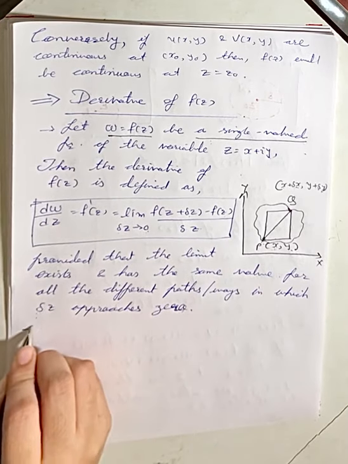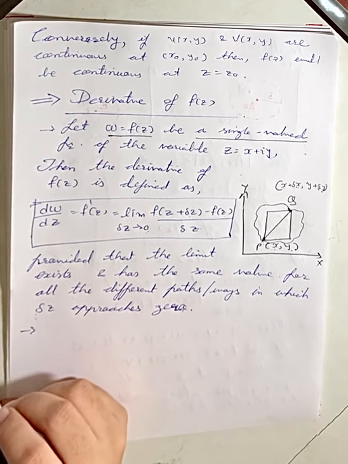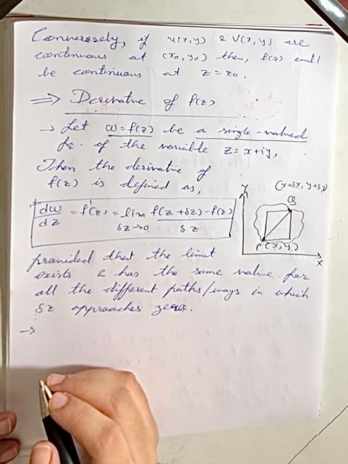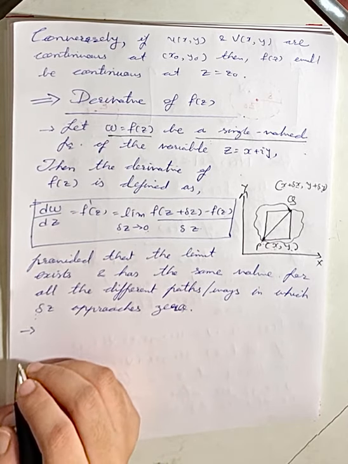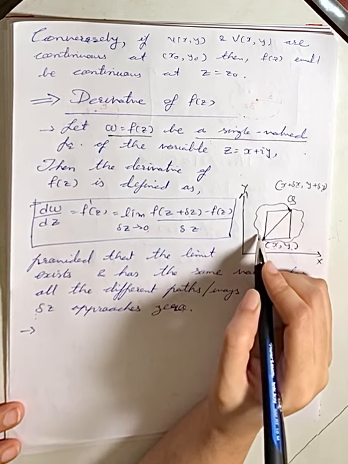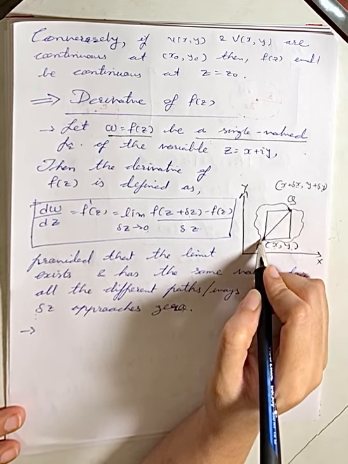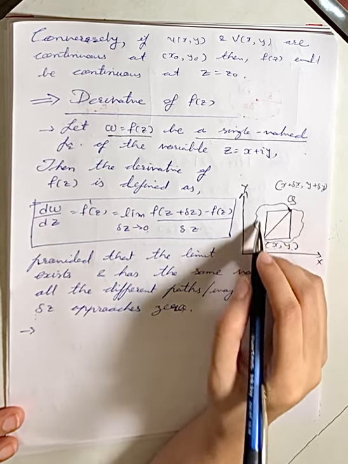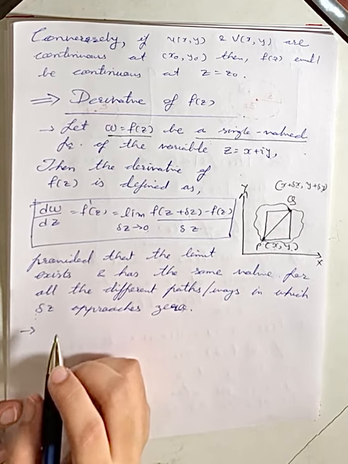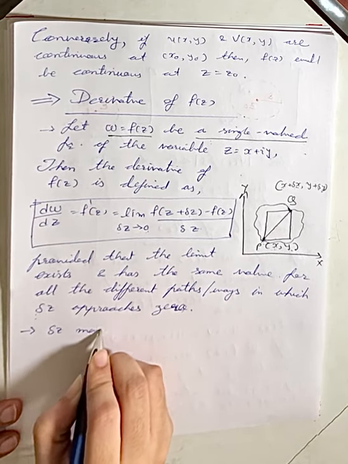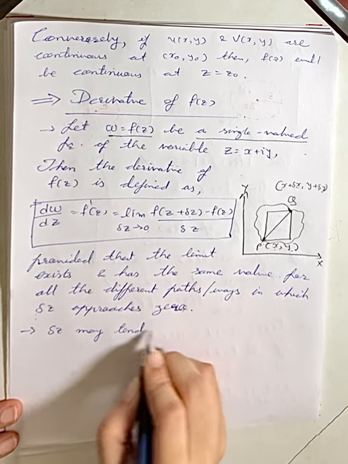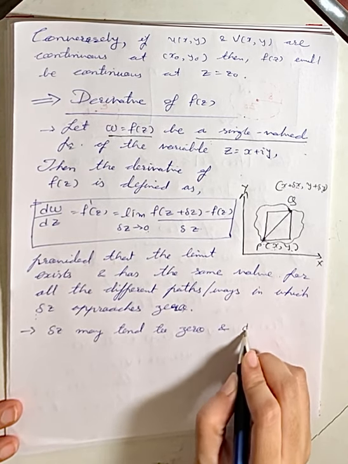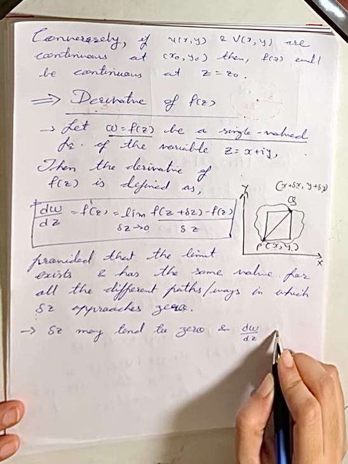So we should have some necessary and sufficient condition which will allow us to make sure that the derivative also exists. In the general scenario, if you choose any random path, delta z may tend to 0, and delta w by delta z may not exist.